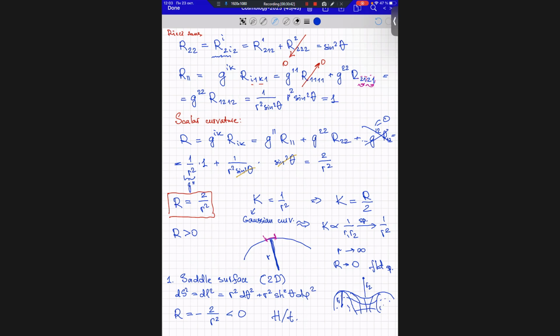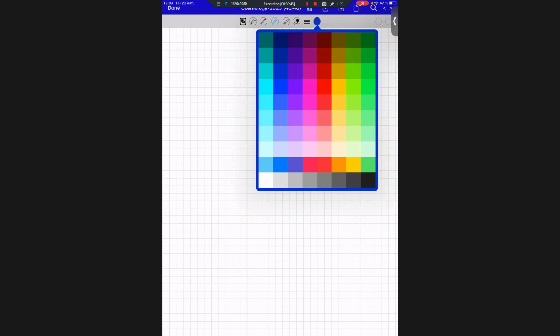I will finish with these examples. I just want to say that, of course, it can be much more complicated. Now we considered two kinds of surfaces which have a constant curvature. It will not always be constant. For example, for the torus, the curvature can change sign. On this outer side the curvature is negative.